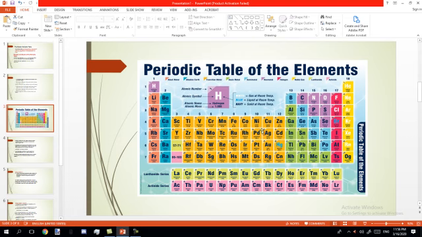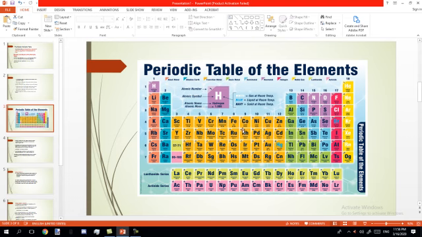Now we come to the middle of the table. The elements colored in orange are in the middle of the table. They start to appear from period 4, from row number 4. They are called the transition metals, or D block elements.